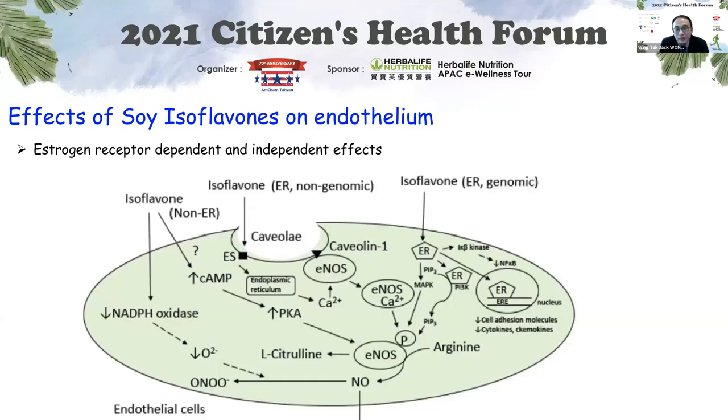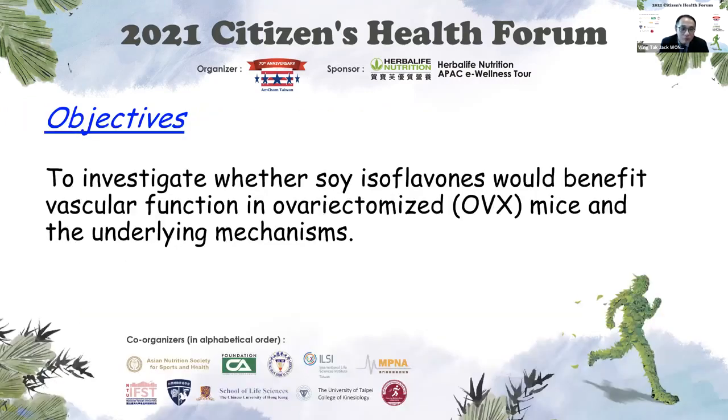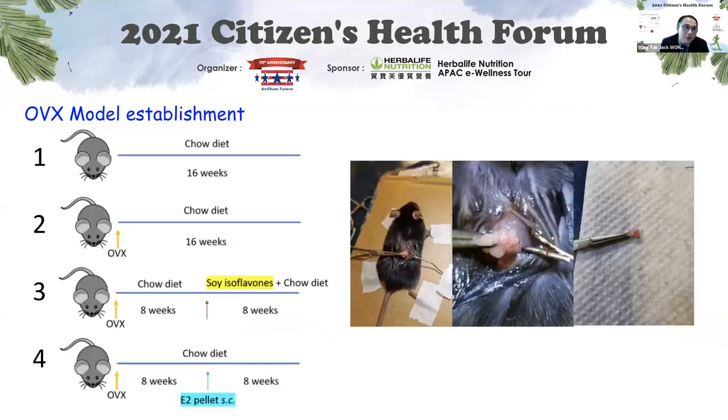It is possible that isoflavone can also act directly to increase the eNOS activity, not through the estrogen receptor. Therefore, in this study, our objective is to investigate whether soy isoflavones would benefit vascular function in ovariectomized OVX mice and the underlying mechanisms that regulate these benefits.